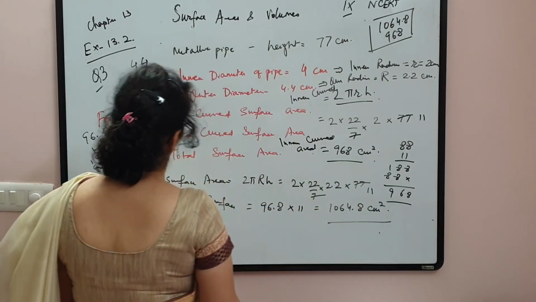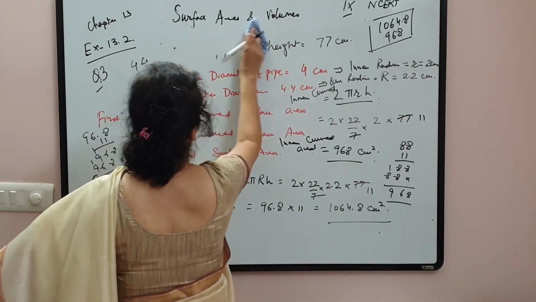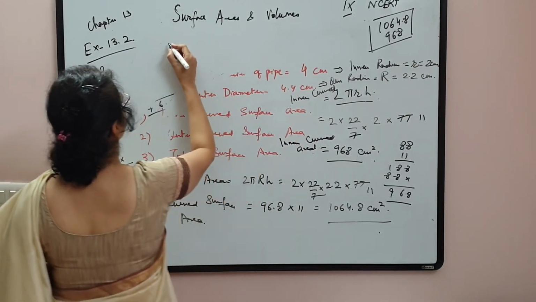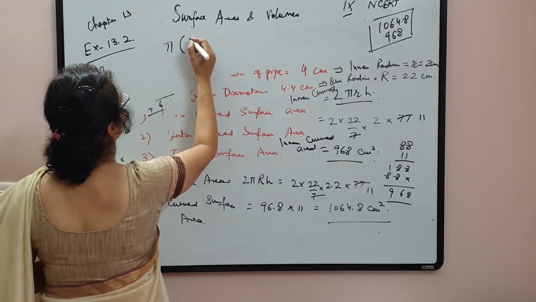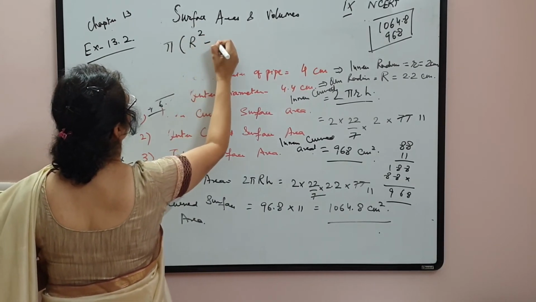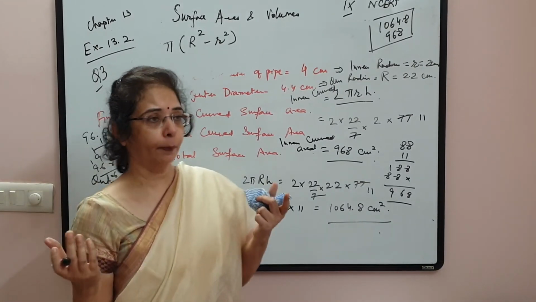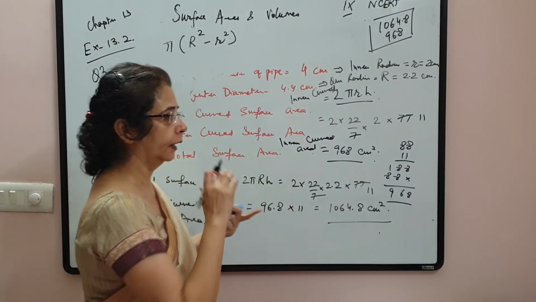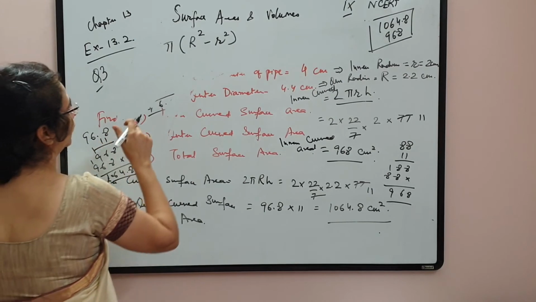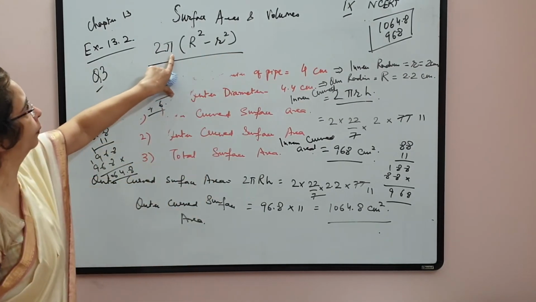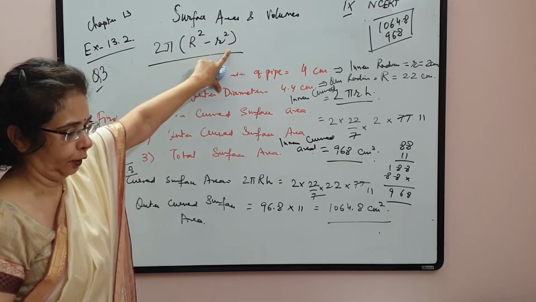And how do you calculate that? That is, children, calculated as pi into R square minus r square. And because there are two, the top and the bottom, it is 2 pi into R square minus r square.